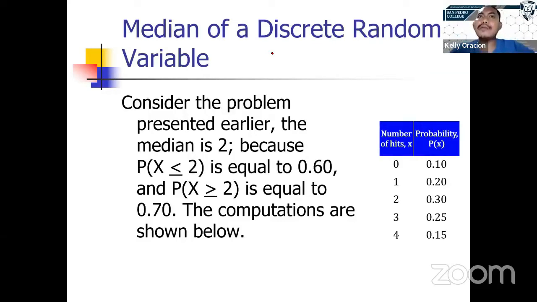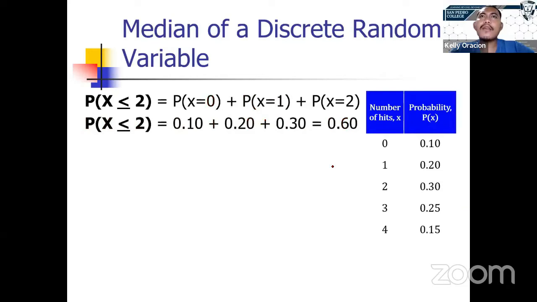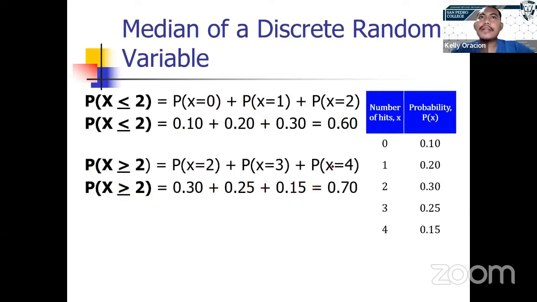The median is 2 because if you add all of them up to 2, it's 0.6. Then for greater than 2, if you add, it's 0.7. This is the solution. The median is 2.